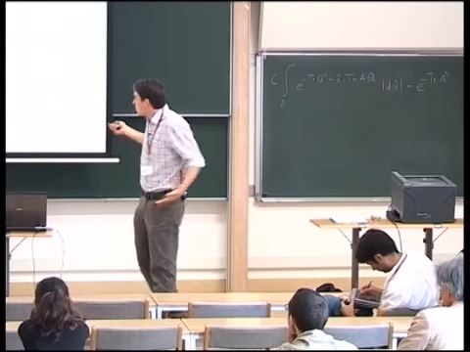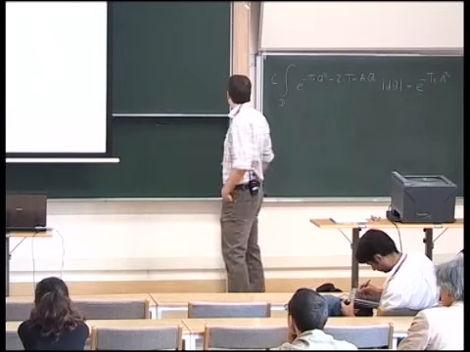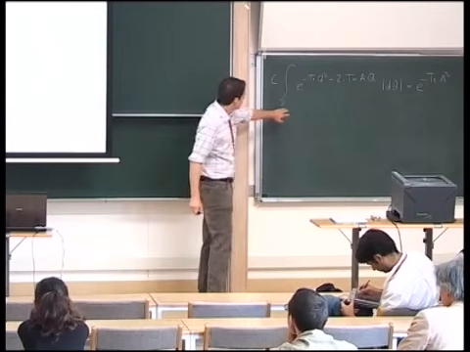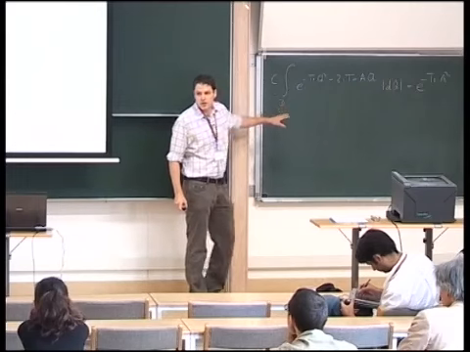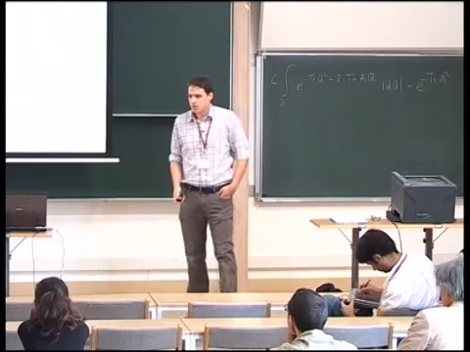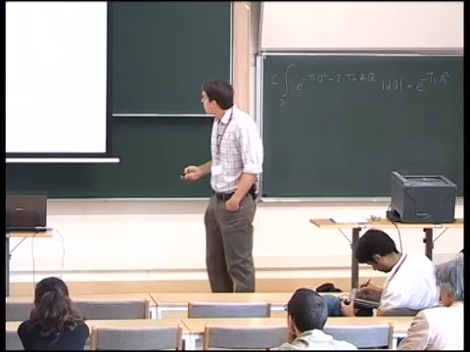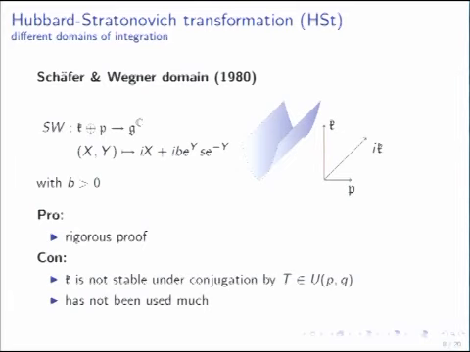Now this problem of choosing a different domain of integration D, for which this formula holds and you can exchange the integration, was solved in 1980 by Schäfer and Wegner. The corresponding domain of integration is called the Schäfer-Wegner domain. So what is done here? You again have this block diagonal anti-Hermitian part. Put an i in front, and you have a Hermitian part. This is a good convergent direction.